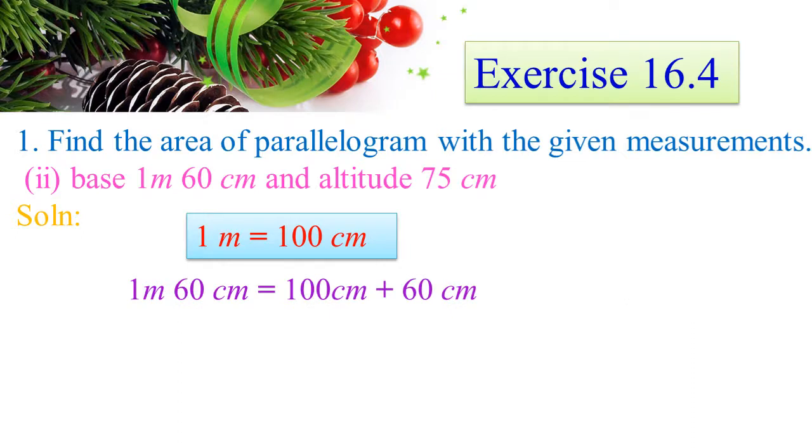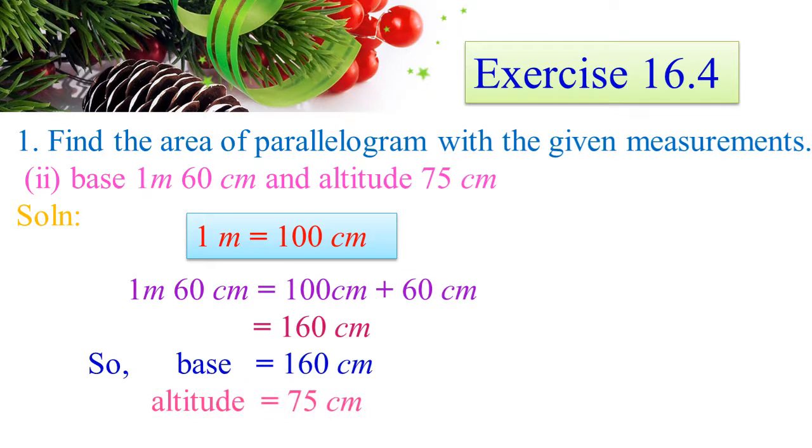So 1 meter 60 centimeter equals 1 meter into 100 centimeter plus 60 centimeter. We add 100 centimeter plus 60 centimeter, 160 centimeter. Now we get the same units. So base equals 160 centimeter. Altitude 75 centimeter.